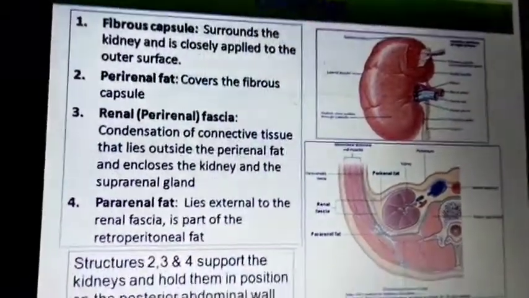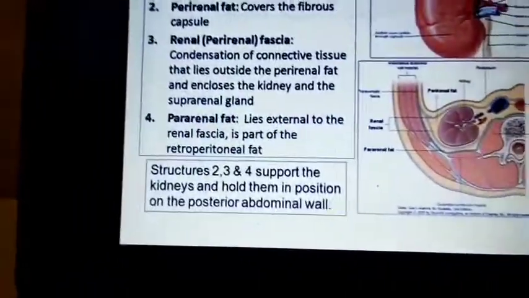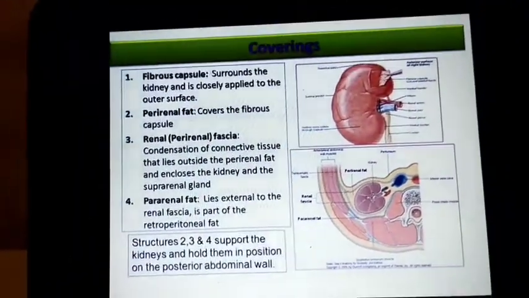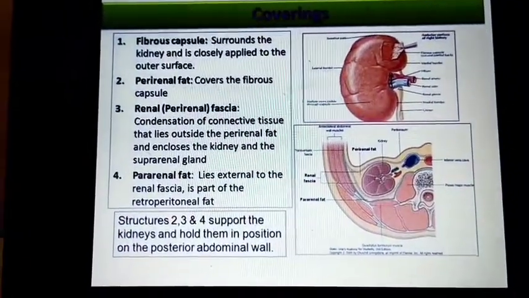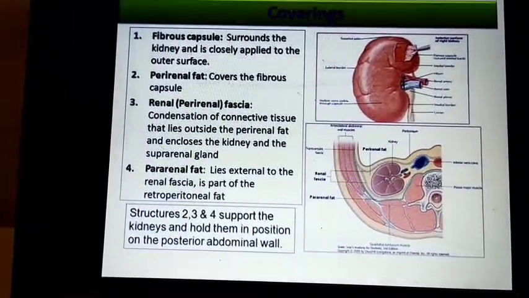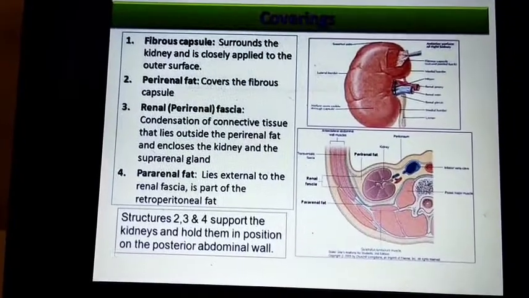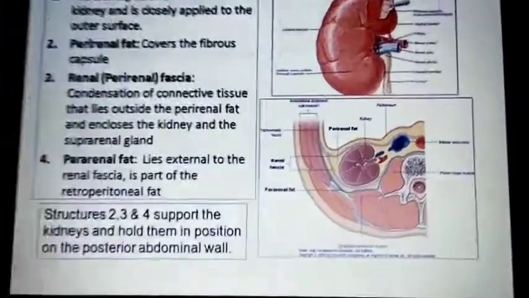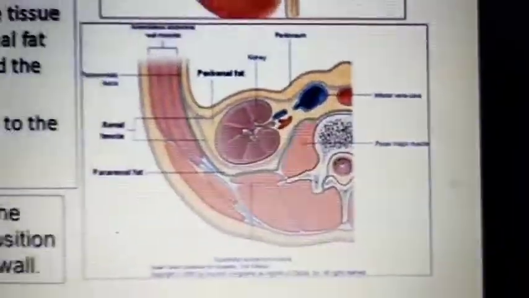Mainly these structures, perirenal fat, renal fascia and pararenal fat, support the kidney and hold it in position on the posterior abdominal wall.